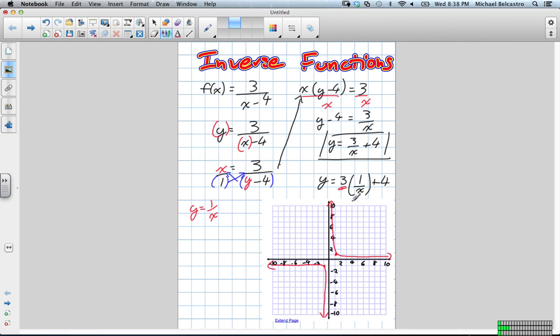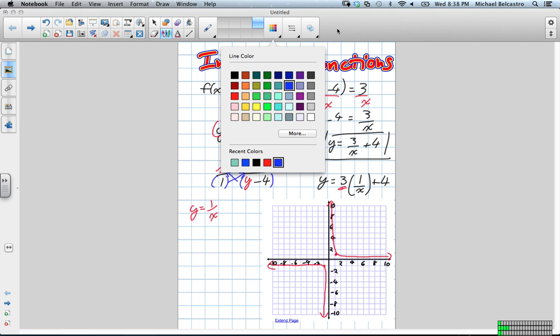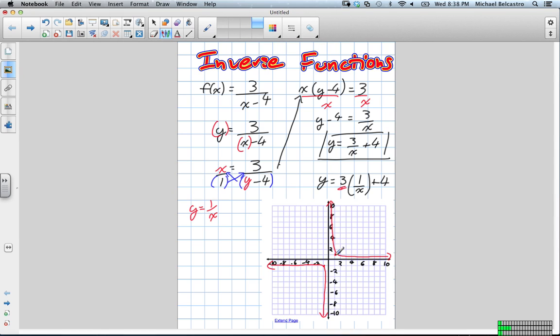But our domain and range won't really be affected. All that's going to do is make it look like it takes off even faster, and when it's a lower number, the vertical stretch is going to pull it up a little.